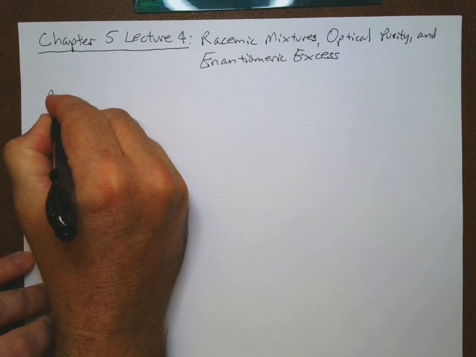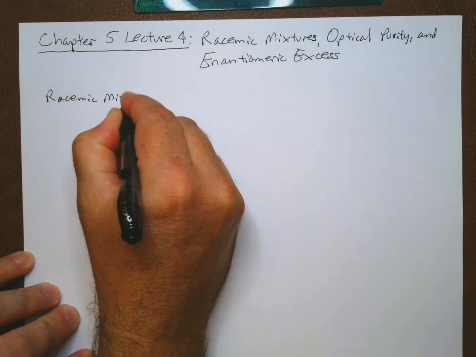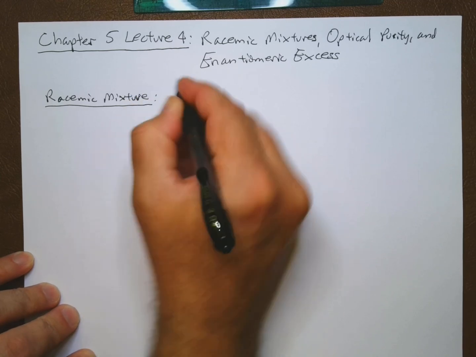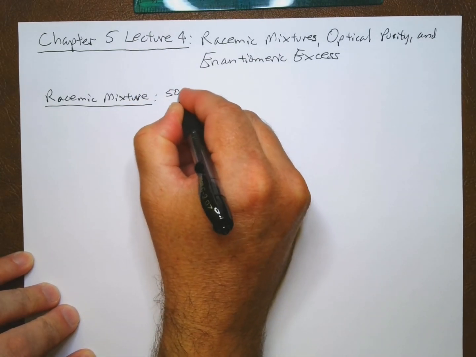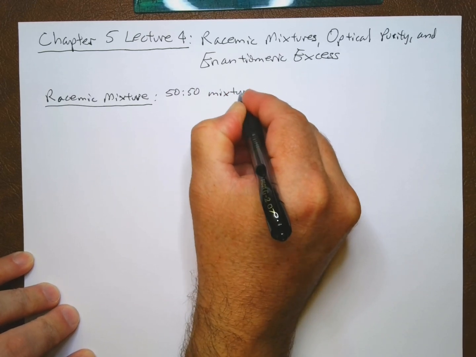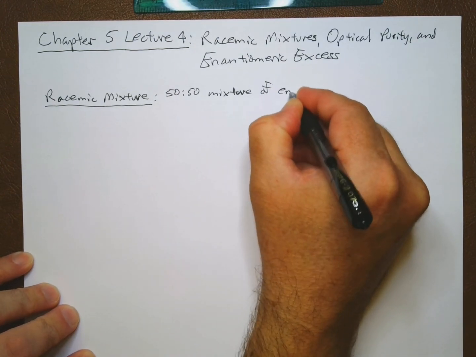So a racemic mixture is a 50-50 mixture of enantiomers.